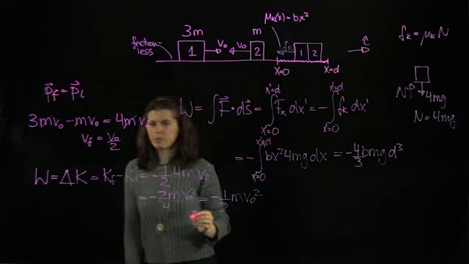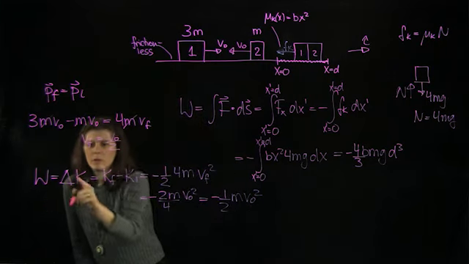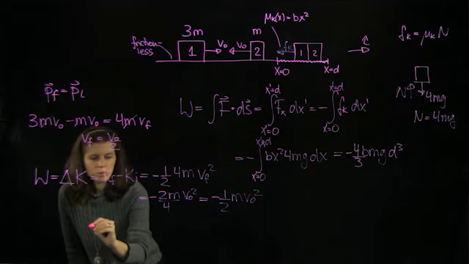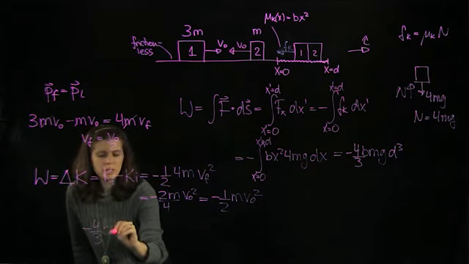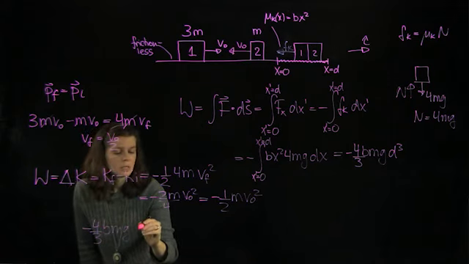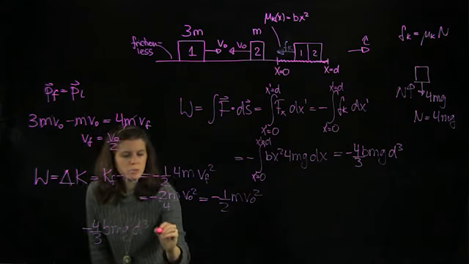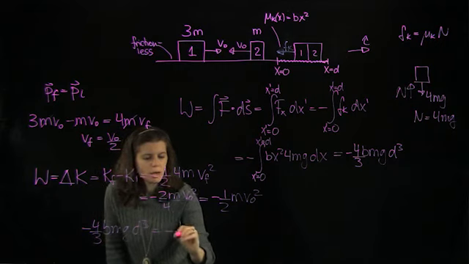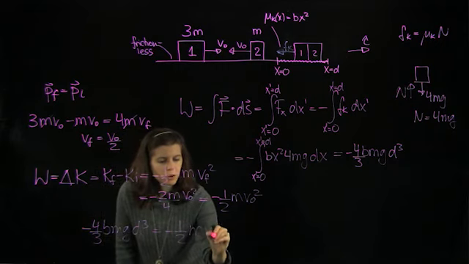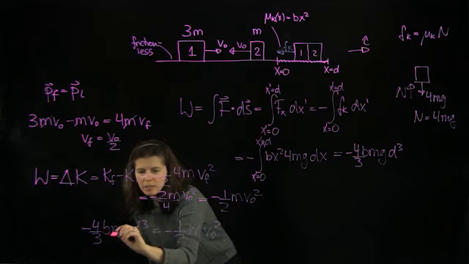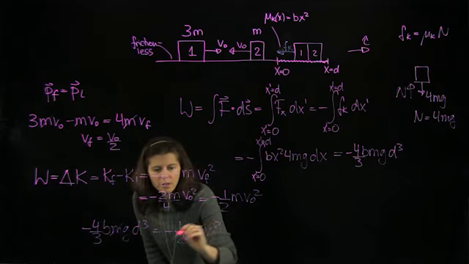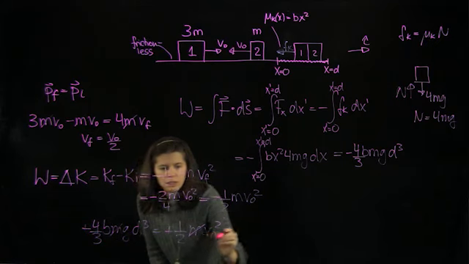Okay, so now we can put this all together. We apply this work energy principle, so we're going to get minus 4/3 b m g d cubed equals minus 1/2 m v0 squared. We'll see that this and this and this goes.